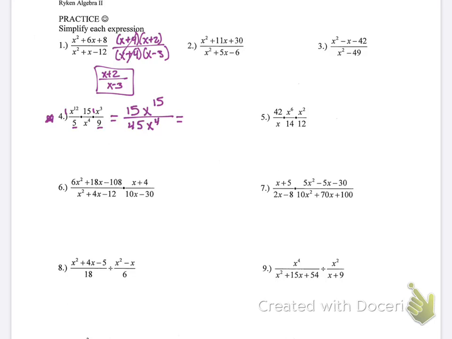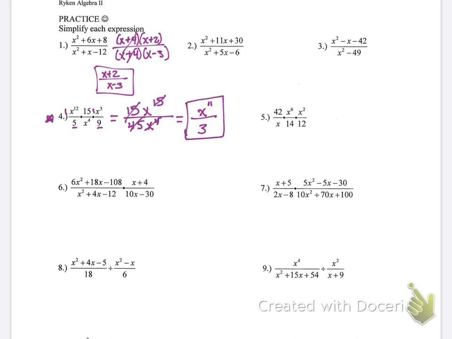These 15 and 45 reduce to 3, because you can take a 15 out. So I'm going to have a 3 on bottom. I have x to the 4th on bottom and x to the 15th on top. So 15 minus 4 is 11. So I'm left with x to the 11th on top.